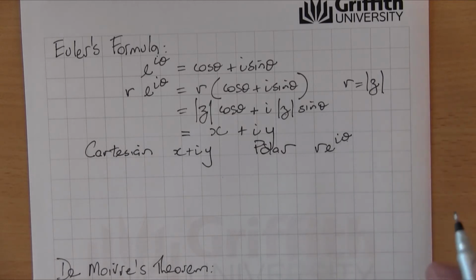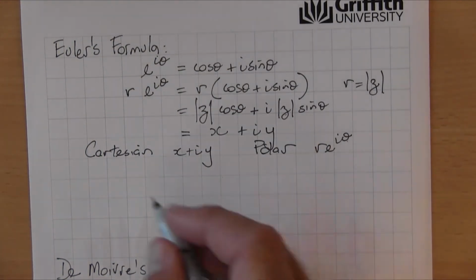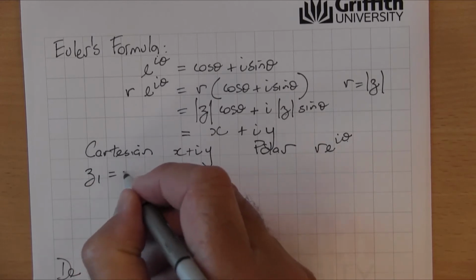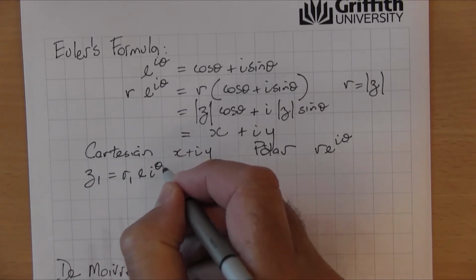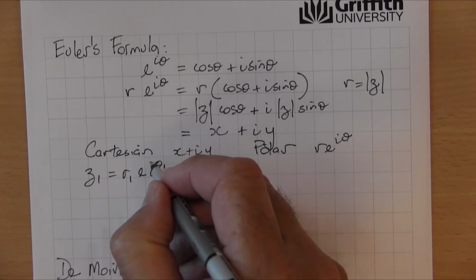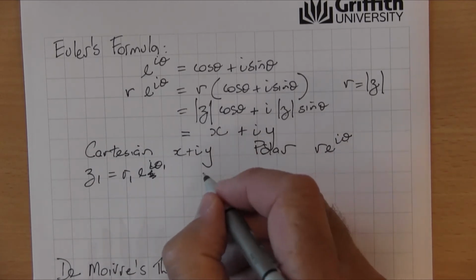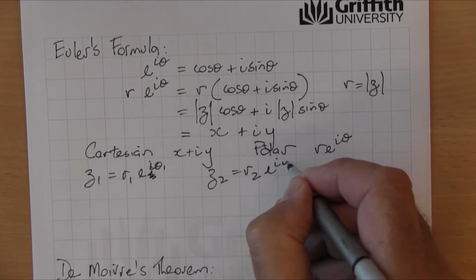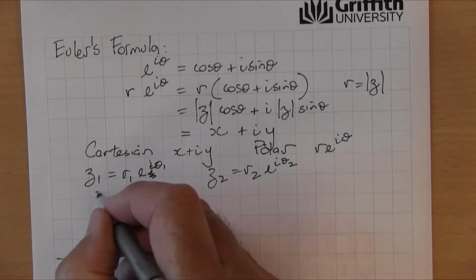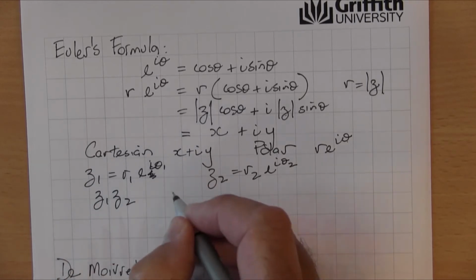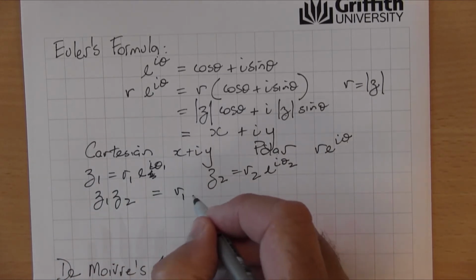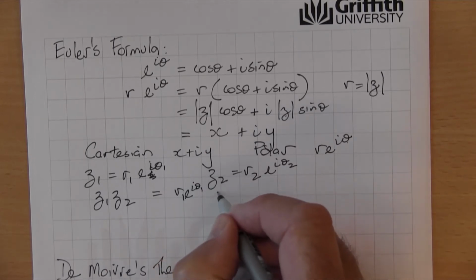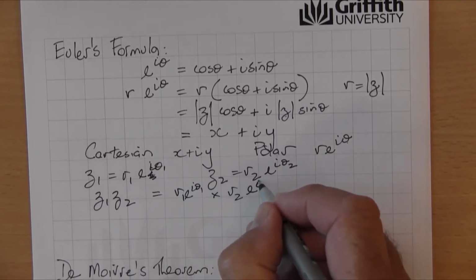Okay, so that helps also with multiplication, knowing your index rules. So if we've got z1 equals r1 e to the i theta 1, and z2 equals r2 e to the i theta 2, then z1 times z2 is equal to r1 e to the i theta 1 multiplied by r2 e to the i theta 2.